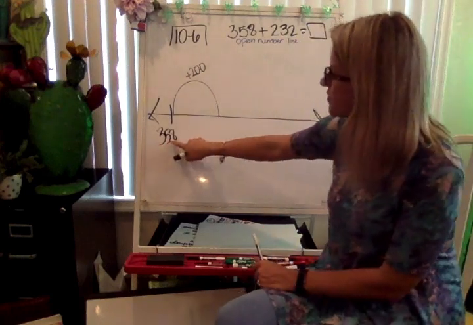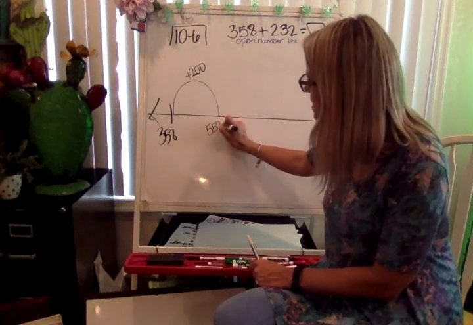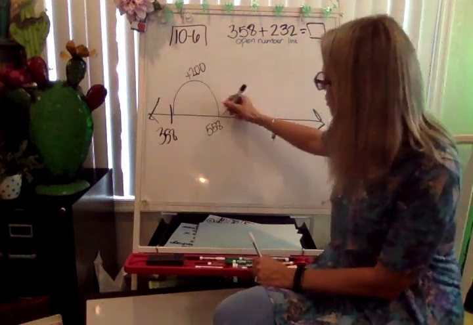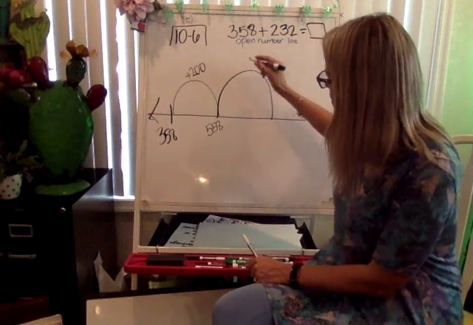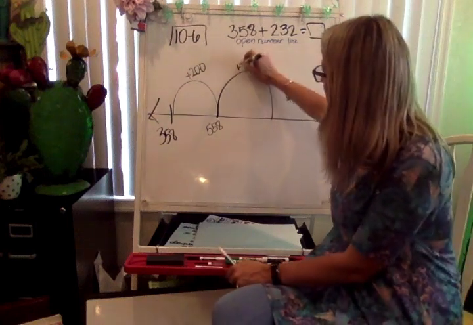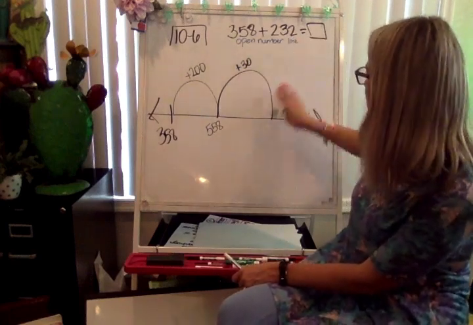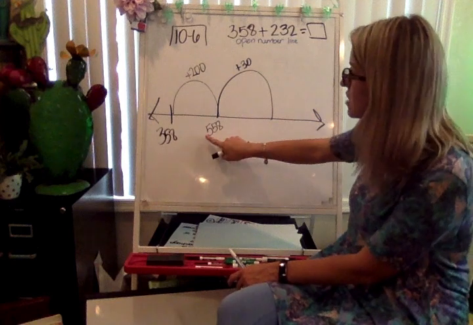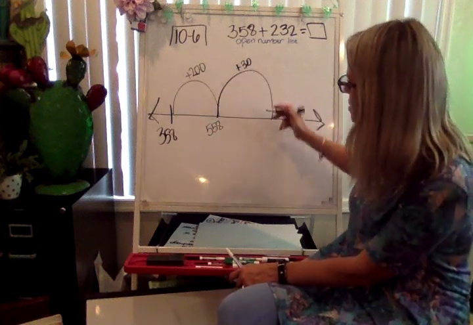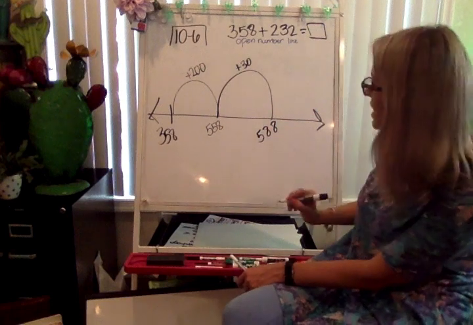So 358 plus 200 is 558. Now I'm going to add the 30. Now, this is not to scale. It doesn't really matter how big you're doing that. I just know when I get to the 2, I need to leave myself enough space. So 558 plus 30 is 588.